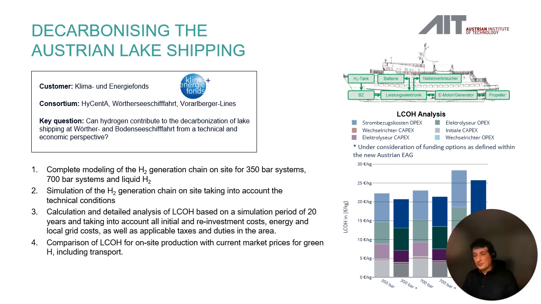So yeah, producing it on site would make more sense, would be cheaper, but that's not cheap, so it's expensive anyway. So that's the main takeaway. It's still expensive. And yeah, okay, so much for this example.